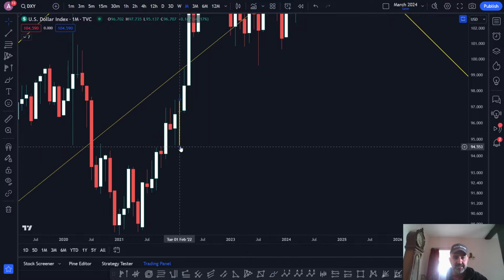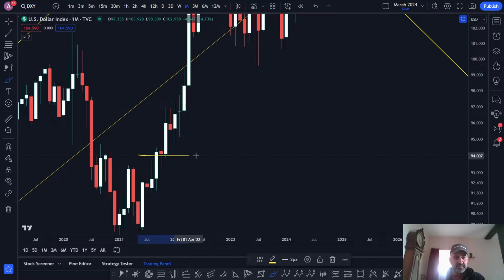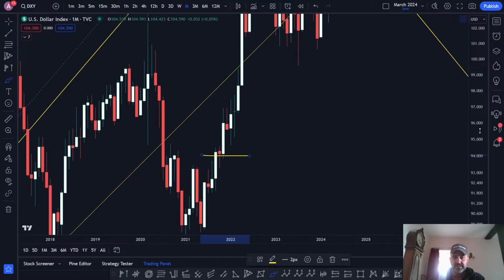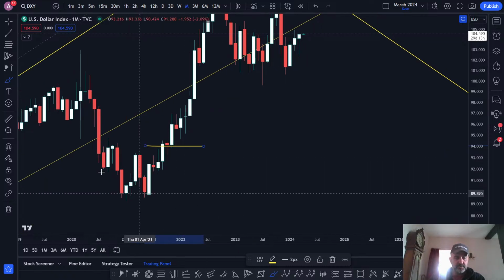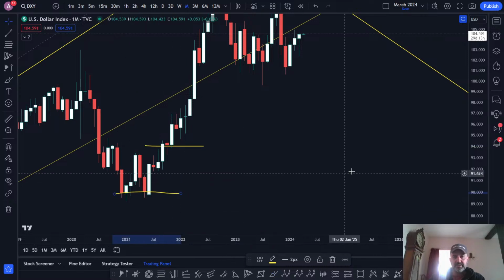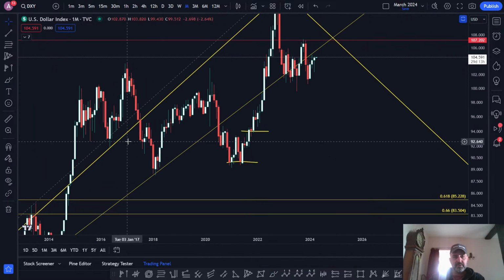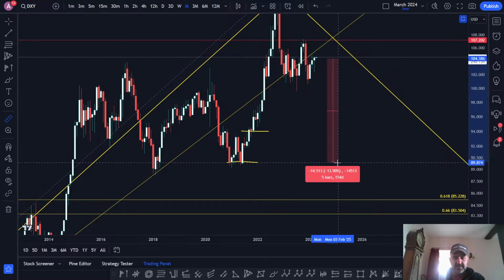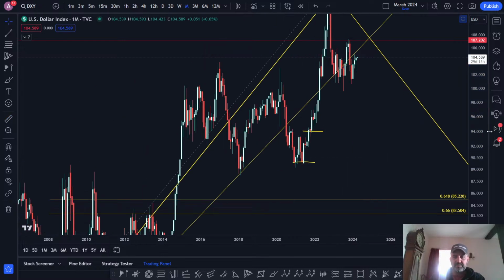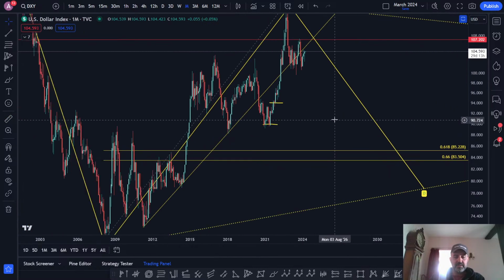So actually the next real support on the way down is that red candle there. This one is cleared. You see how the wick goes down? It clears the liquidity, and then the next level of support is at the lows here. Those are the next two levels of support. On the DXY, that's down 10%, and here it's down 14%.